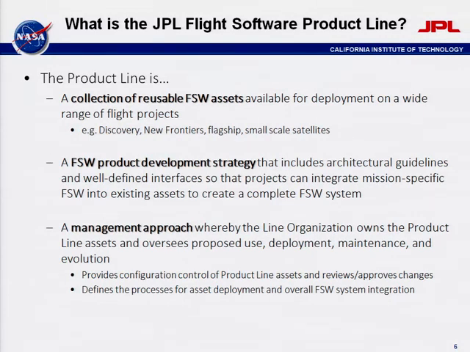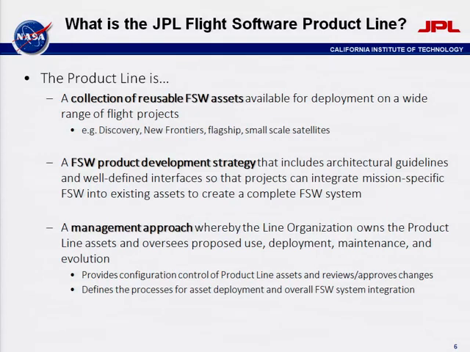The product line is also a product development strategy. So the idea being that you have this group of assets, but then you also have guidelines and a strategy for developing these products, right? So this includes things like architectural guidelines and well-defined interfaces so that projects can integrate these mission-specific flight software pieces together to create a complete flight software system.